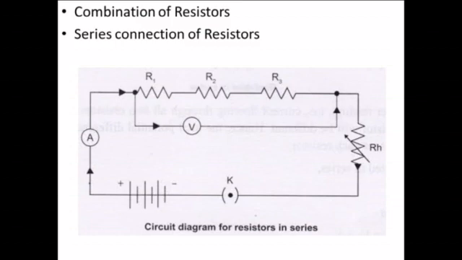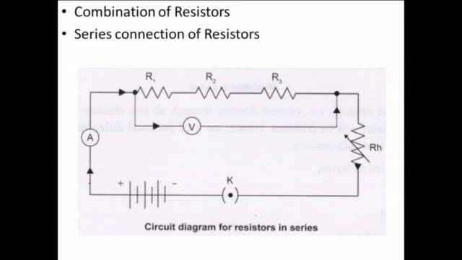If the voltage drops across R1, R2 and R3 are V1, V2 and V3 respectively, then the equivalent voltage, that is V, is equal to V1 plus V2 plus V3.